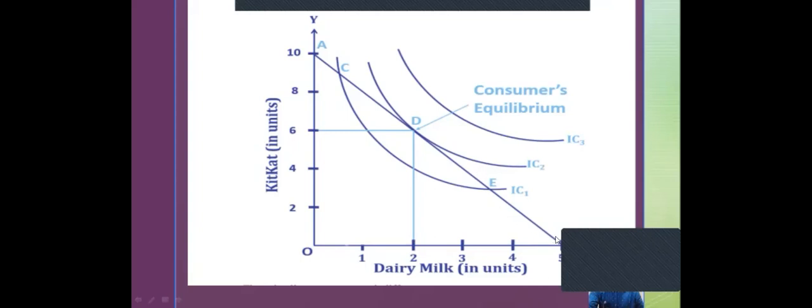Here the AB budget line is tangent to the indifference curve IC2, and second, IC2 is convex to the origin O. So both the consumer's equilibrium conditions are satisfied, and here MRS of X for Y is equal to Px by Py at point D. Here the consumer is purchasing 6 units of KitKat and 2 units of Dairy Milk, where the total money income is spent by the consumer and the consumer's equilibrium point is achieved. P in this diagram is the consumer's equilibrium point.